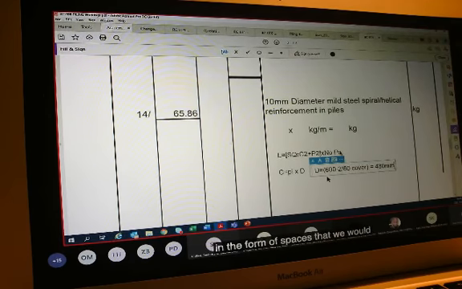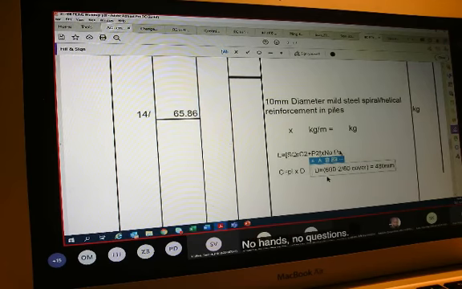Now what does that mean? It means that even though my diameter is 600, my steel cannot be placed at the 600 diameter. Why can it not be placed there? Because once that steel is exposed to the moisture in the ground, it will rust.